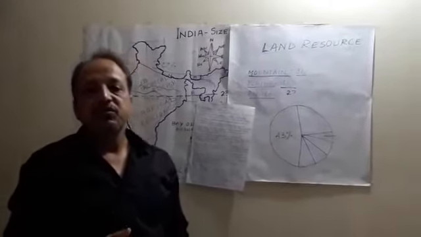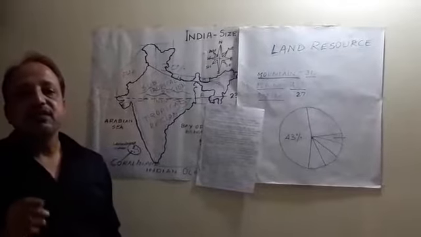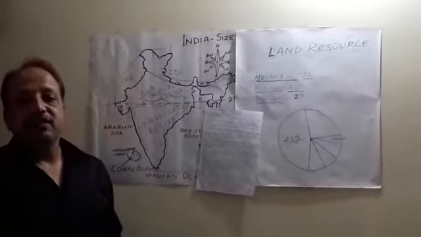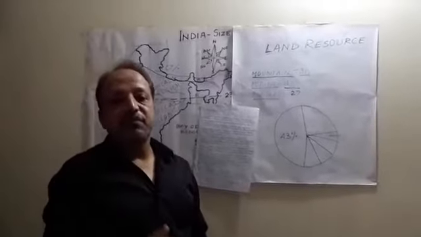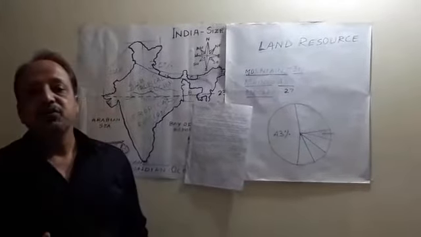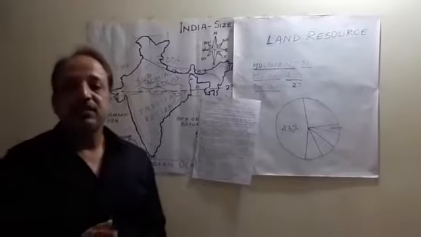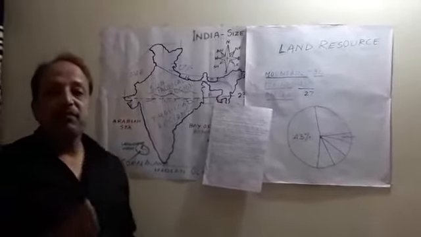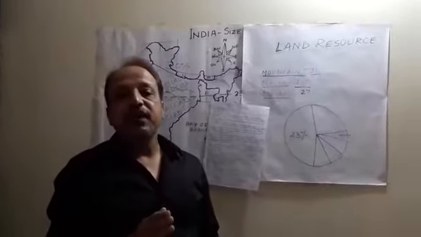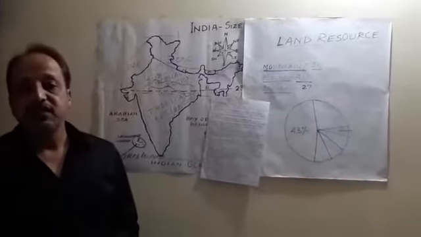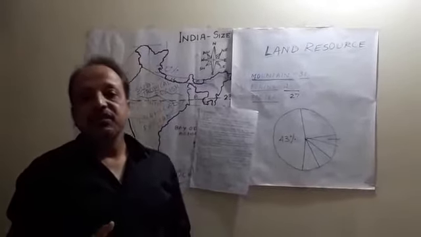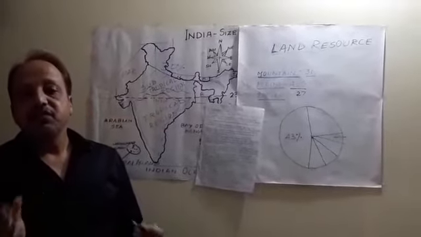We should also know the factors which determine the use of land. The first are physical factors, which include relief, climate, soil, and water supply. In human factors we find population density, technological capability, culture, tradition, and need of the people.